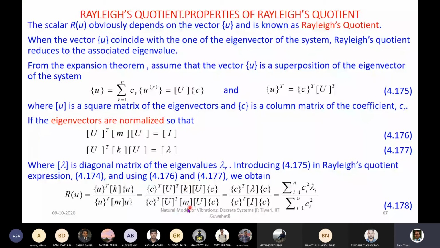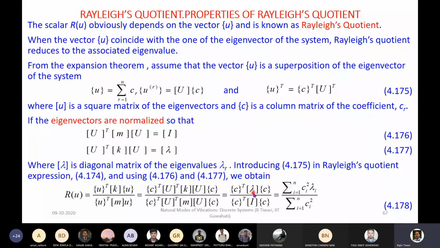Now according to this mass normalization, in the denominator U transpose M U will be the identity matrix, and U transpose K U will give a matrix having all diagonal terms as eigenvalues.